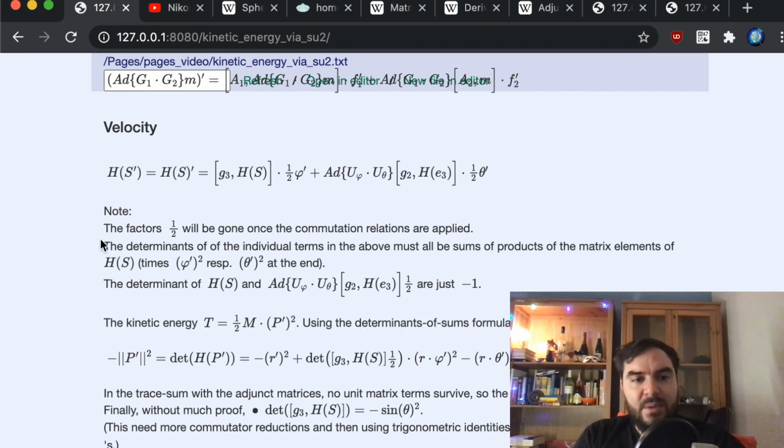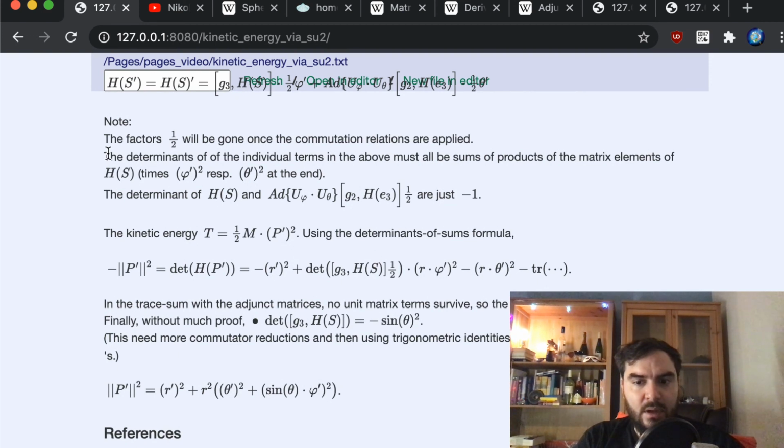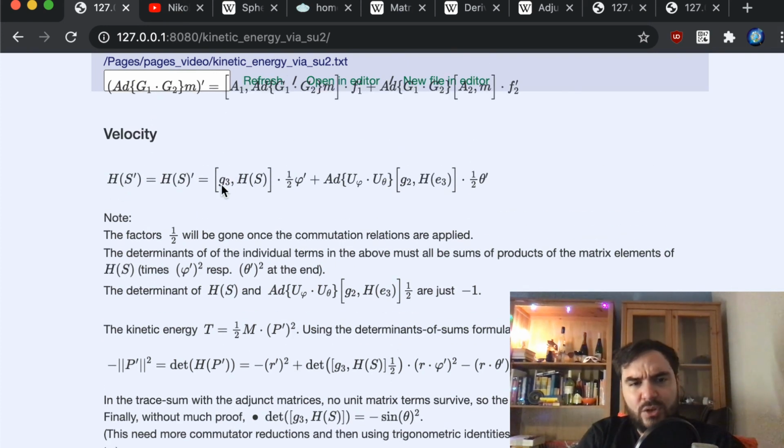Okay, so let me follow through with the text as I've written it down here though. The determinants of the individual terms in the above sum must also all be sums of products of the matrix elements of H of S. Nothing is hard about these terms except maybe for the HS itself.